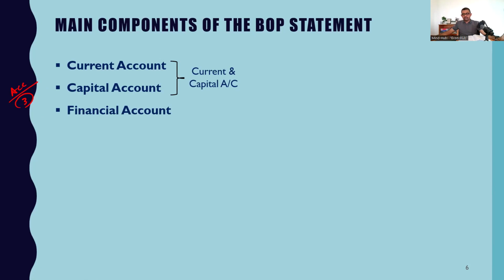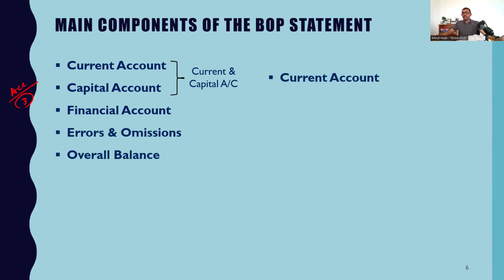Then there are a few items that we include in the balance of payment statement in addition to the 3 accounts. We have a very important item called errors and omissions. It's a balancing item. Then we have a component called overall balance.